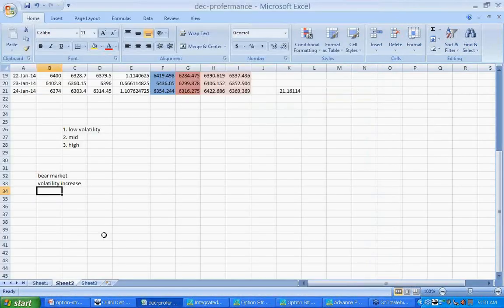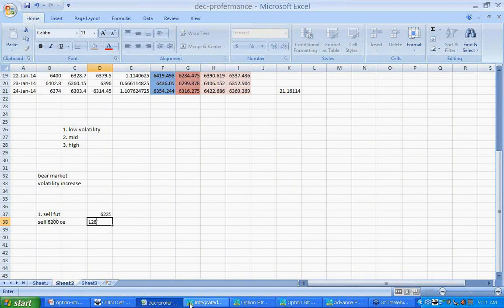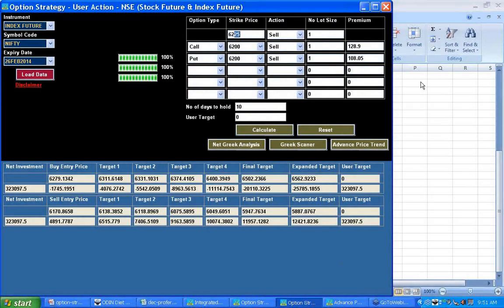My first preference, to gain the time value, I have given to a conversion strategy. Number one, sell a future. Why have I sold future? Because I am in a bearish trend. 6225. Then I will be selling 6,200 call option, which is at 128 or 125, something like that, 128.9.